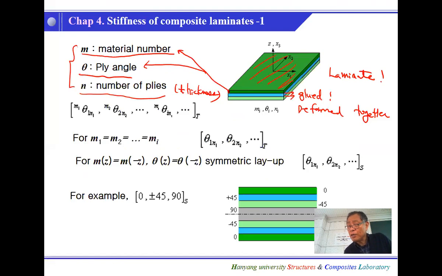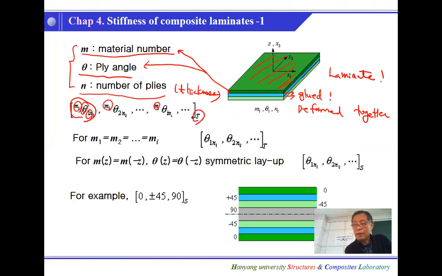So for each ply, you have three pieces of information, like M and theta, and number of plies. Well, M, we don't use this one, but this is one way of explaining each ply.